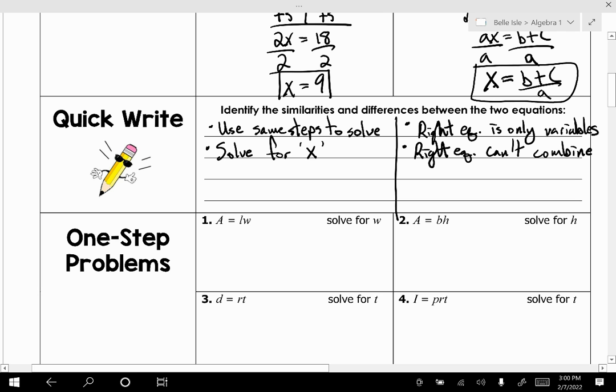You're getting ahead of me. Don't try and solve it yet. Read number 1. Where have you seen this before? That's a good guess. Does length times width equal acceleration? No. Area. Area equals length times width. Okay, so what are we solving for on this one?